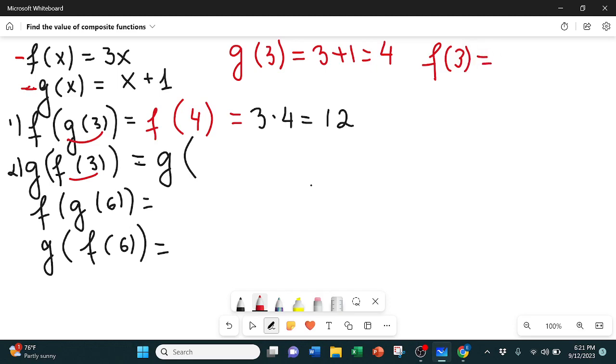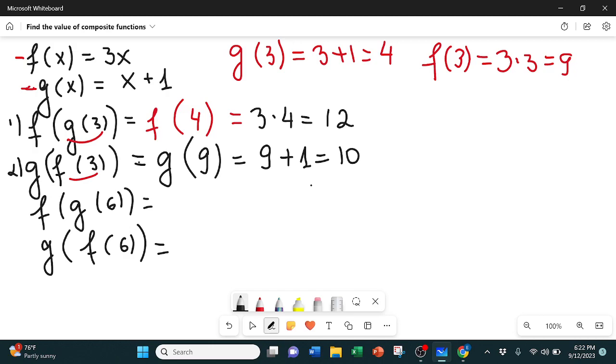F of 3, our function is 3x, so f of 3 will be 3 times 3 equal 9. And we're going to put it here, g of 9. And now we're going to use the function g of x. So it will be 9 plus 1 equal 10.